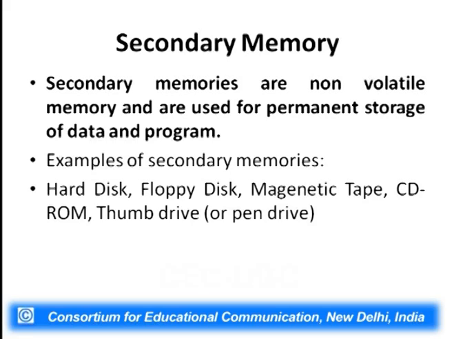As I mentioned, the main memory is the primary memory, which is an integral part of your computer system. Besides that, there is a secondary memory. This is non-volatile memory that can be used for permanent storage of data, and it is applied over and above your main memory.